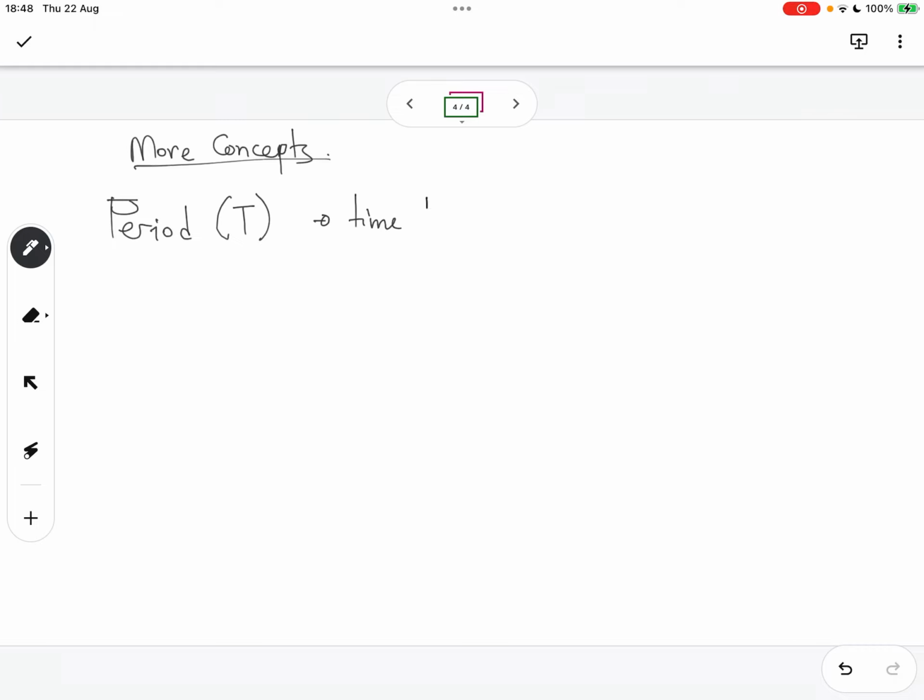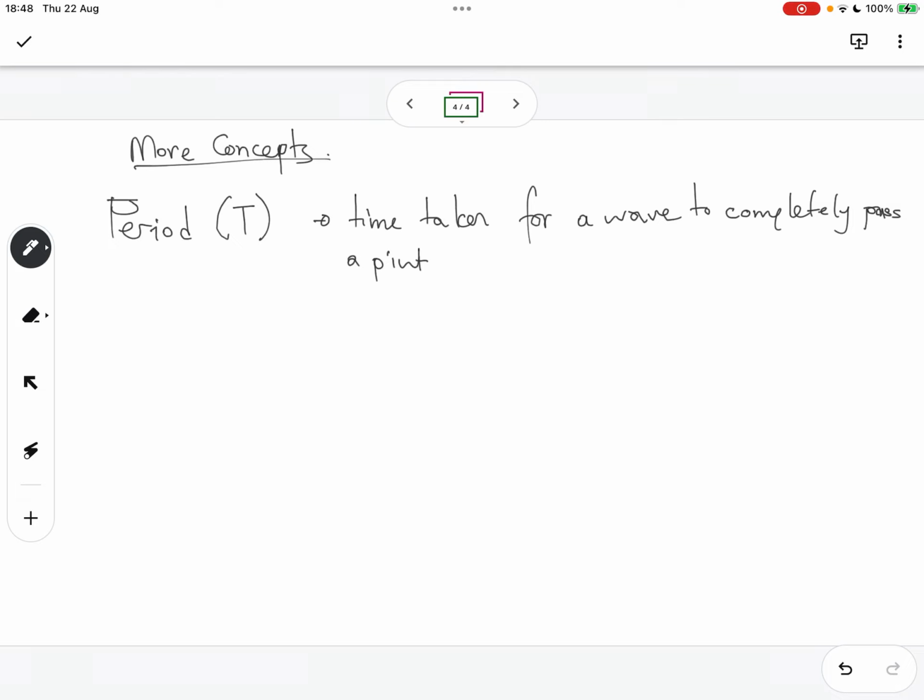So it's the time taken for a wave to completely pass a point, a fixed point, right?